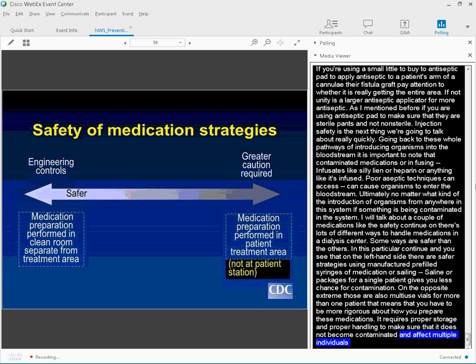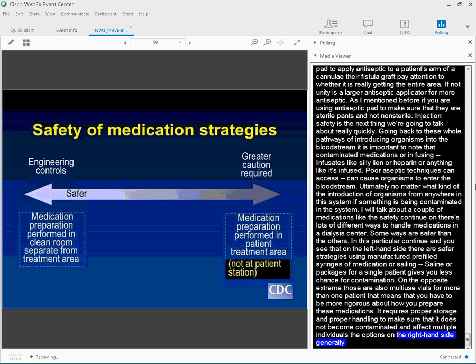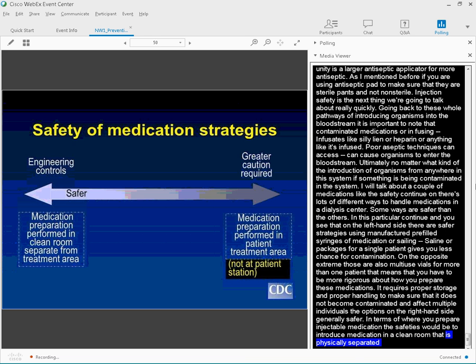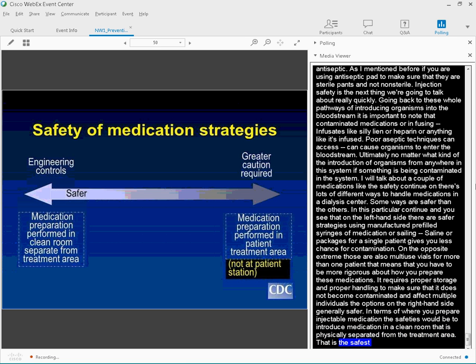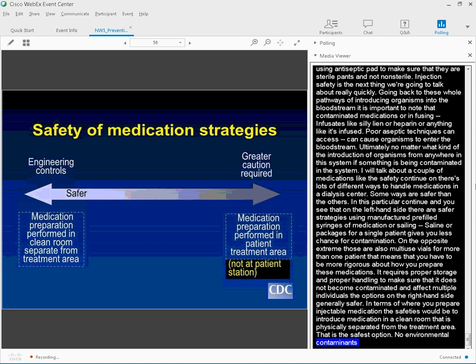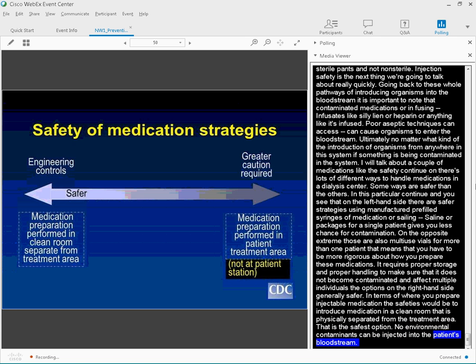Now, in terms of where you prepare injectable medications, the safest would be to do medication preparation in a clean room that is completely physically separated from the treatment area. That's the safest option, so that no environmental contaminants can contaminate your medications that are then injected into a patient's bloodstream. On the right-hand side, you can also do medication preparation in the patient treatment area, not at the patient station, but somewhere within the patient treatment area.